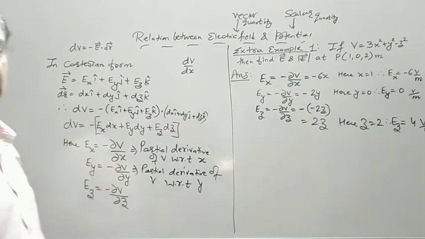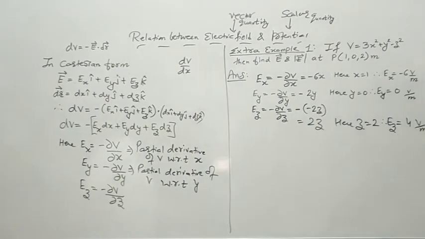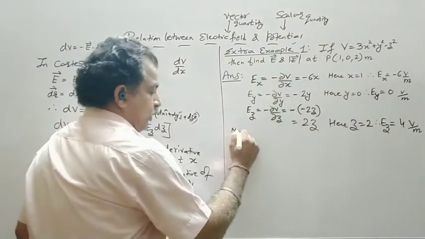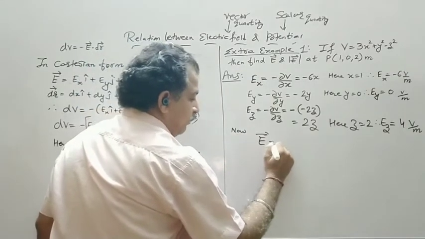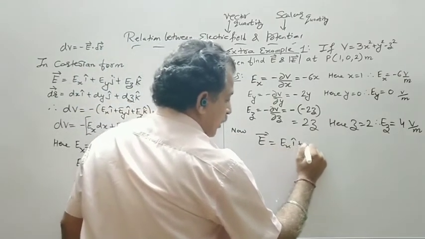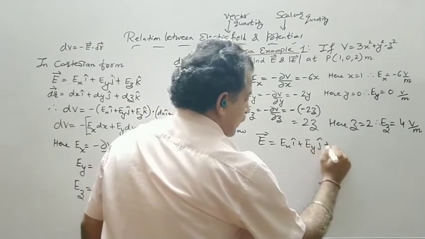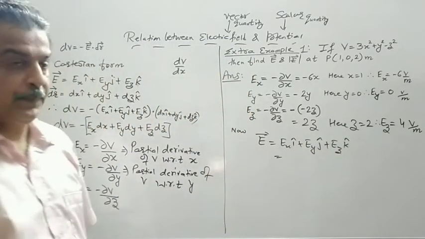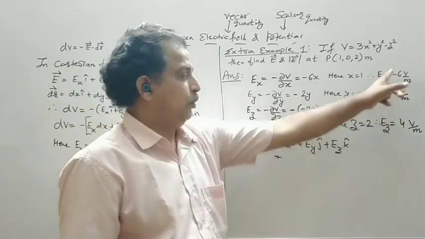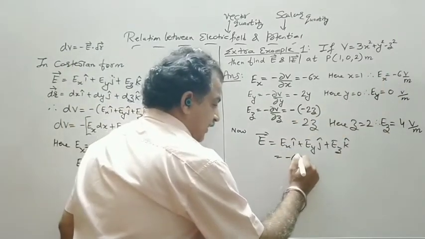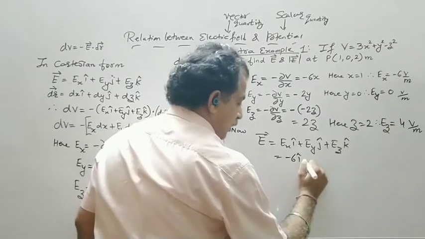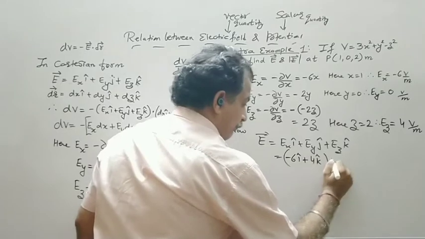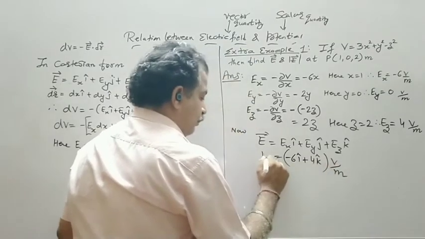Now I substitute these values. So I need to find out the E vector. Now any vector can be written as Ex i plus Ey j plus Ez k. This is equal to, now the y component is 0, so this becomes minus 6i plus 4k volt per meter.